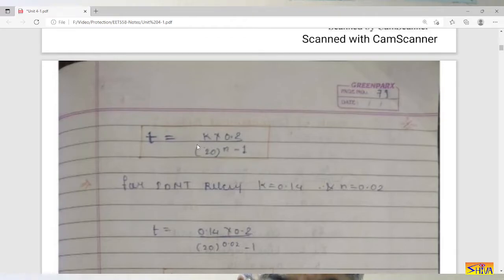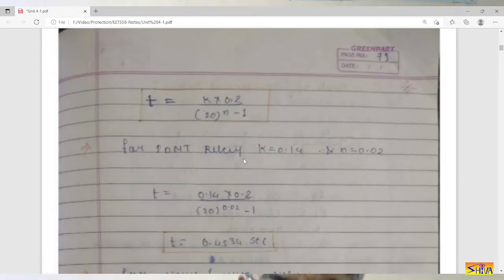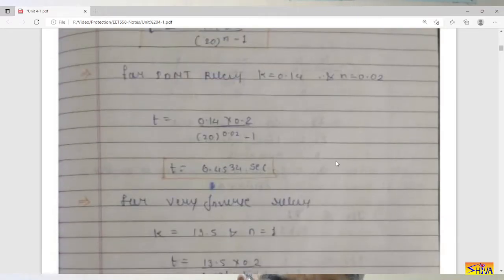Now the equation will become K into 0.2, because time multiplier setting is 0.2, divided by plug setting multiplier 20 to the power n minus 1. For IDMT relay, K is 0.14 and n is 0.02. Substitute the values.